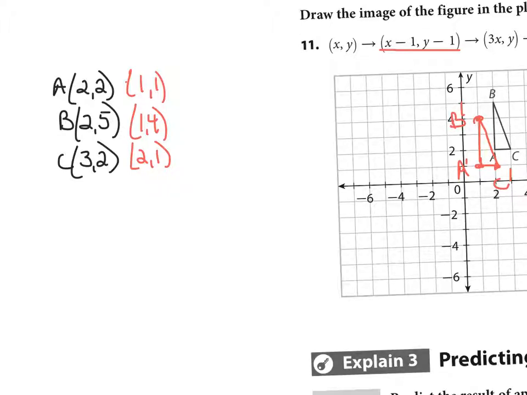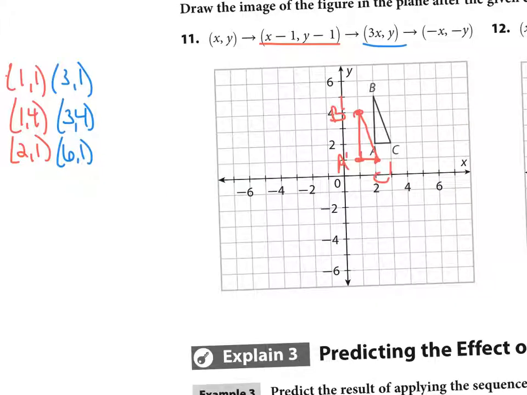And so then our next transformation is going to be 3x, y. And as you can see in the blue there, I did that already. And so A is at 3, 1, A double prime.